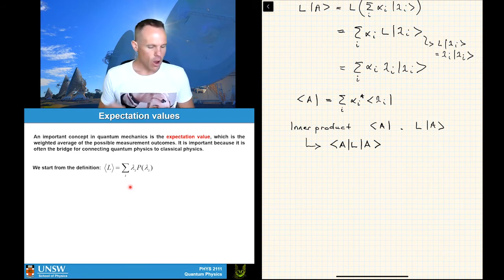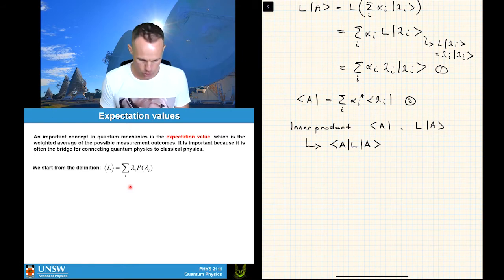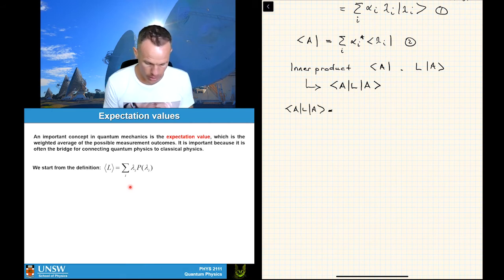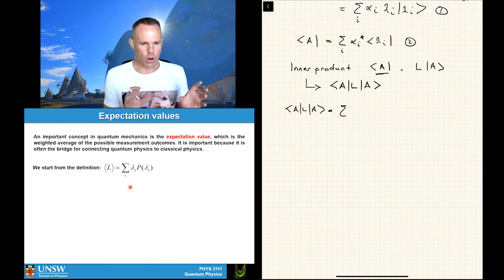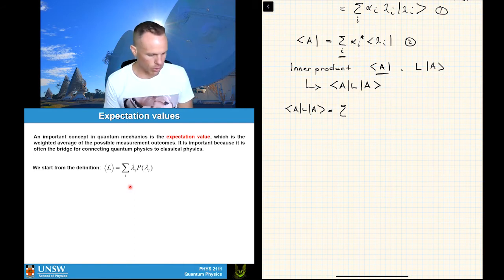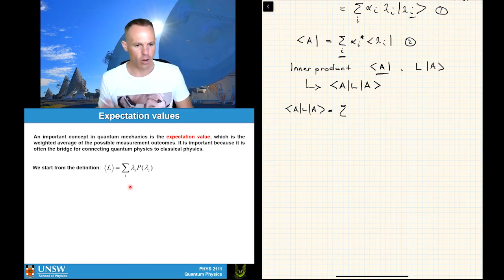All right, so let's take what we have from the two equations up above, number 1 and number 2, and put them into an expression that looks like this. So what we would have is A, L, A is going to be the bra on this side. So this would be the sum over, okay, so I'm going to have a little trap in here, which is that the i's that I'm dealing with on this side might not necessarily be the same as the i's that I'm dealing with on the ket side.